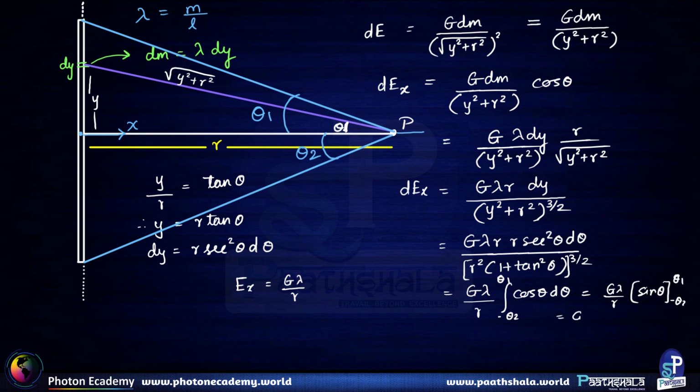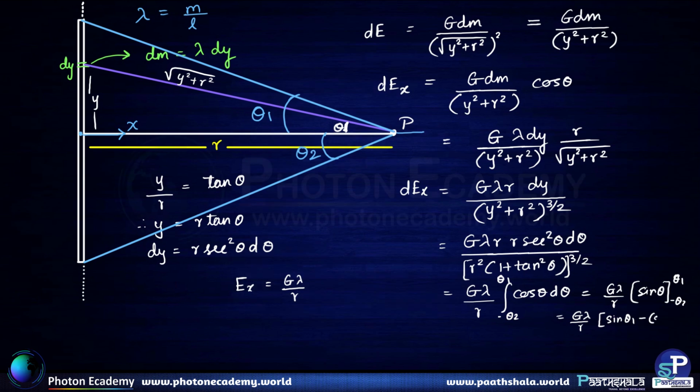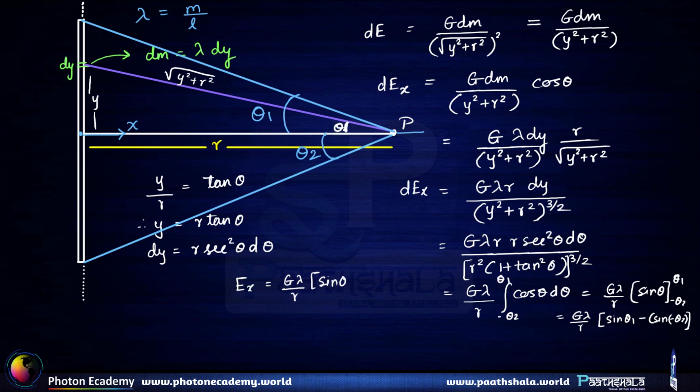This can be written as g lambda upon r sin of theta 1 minus sin of minus theta 2. So minus minus will become positive. So I'll essentially get Ex is equal to g lambda upon r sin of theta 1 plus sin of theta 2.